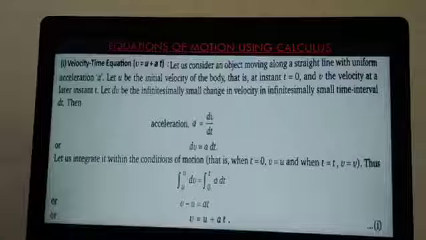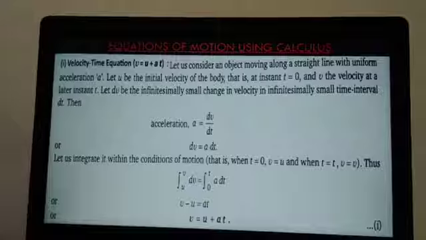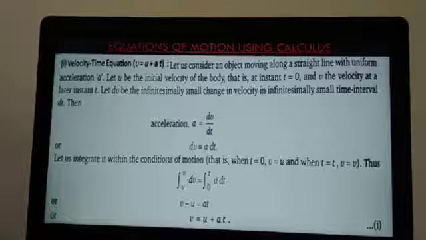So velocity v is equal to ds by dt. So you can start with that equation, v is equal to ds by dt, and go for the second equation of motion.